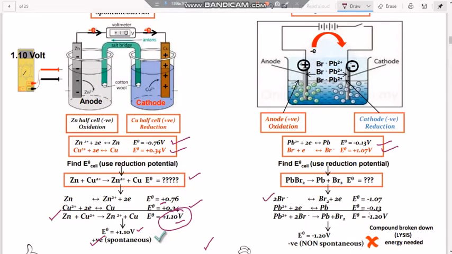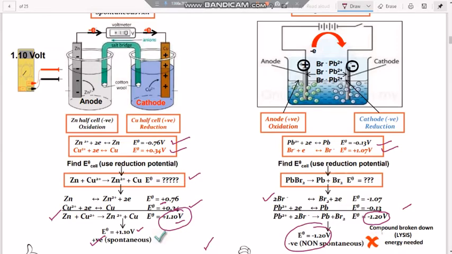Lead you can write as usual, because lead undergoes reduction, and at the anode oxidation takes place, so we write the oxidation potential. If we add the oxidation potential and reduction potential, the cell reaction E naught value we get is negative. That negative value indicates that it is a non-spontaneous reaction that takes place in the electrolytic cell.